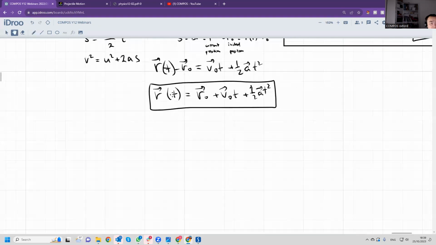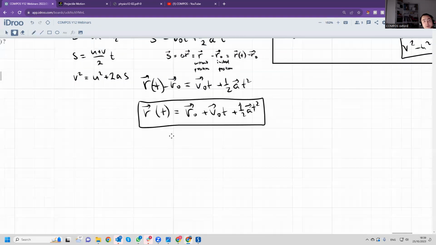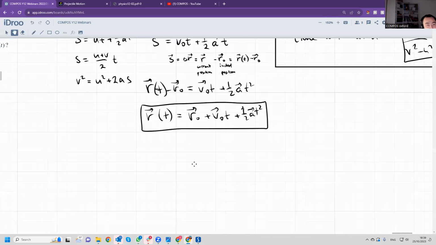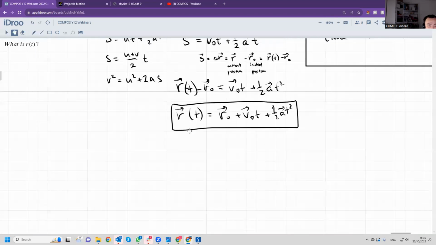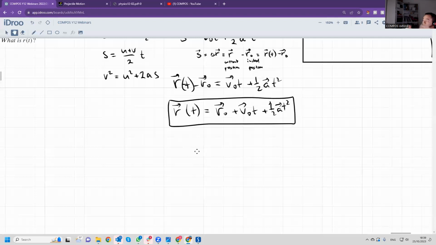And we can go further with this. What is r of t? Well, it's a vector. What is a vector? Vector has coordinates. We can write it as the x position and the y position.